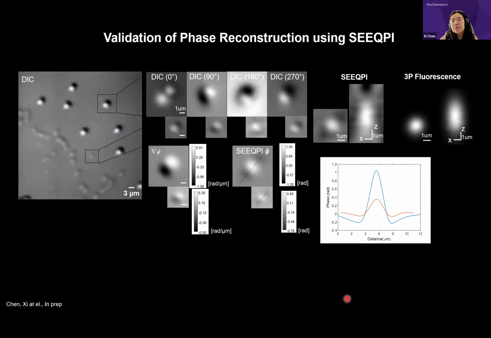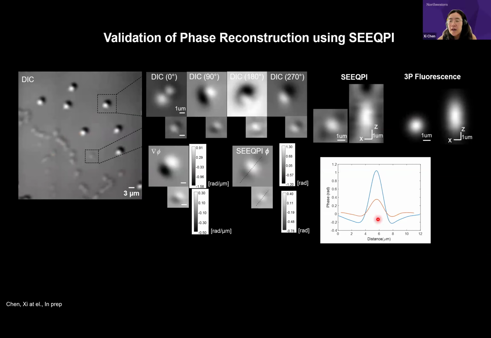So before we move on to the unknown sample, we of course always test this method using a sample where we do know the phase shift. So this is a 2D case, which is a mix of 1 micron and 3 micron beads in oil and on the cover glass. This is actually on the mirror.